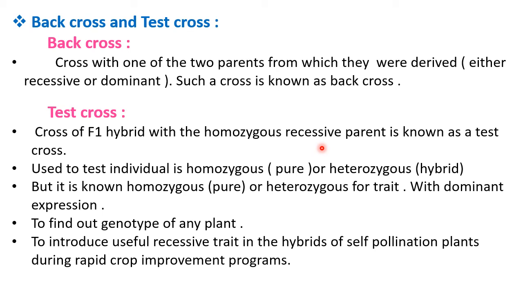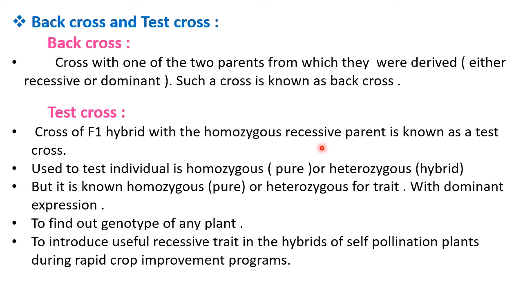So in this F1 hybrid, only the tall character appears, hence it is called dominant, and the dwarf character does not appear, hence it is called a recessive trait or recessive character.